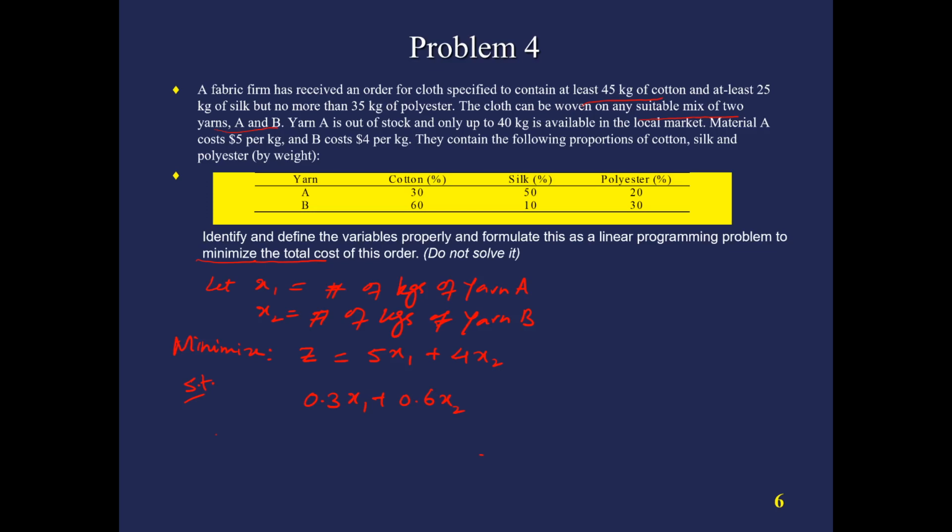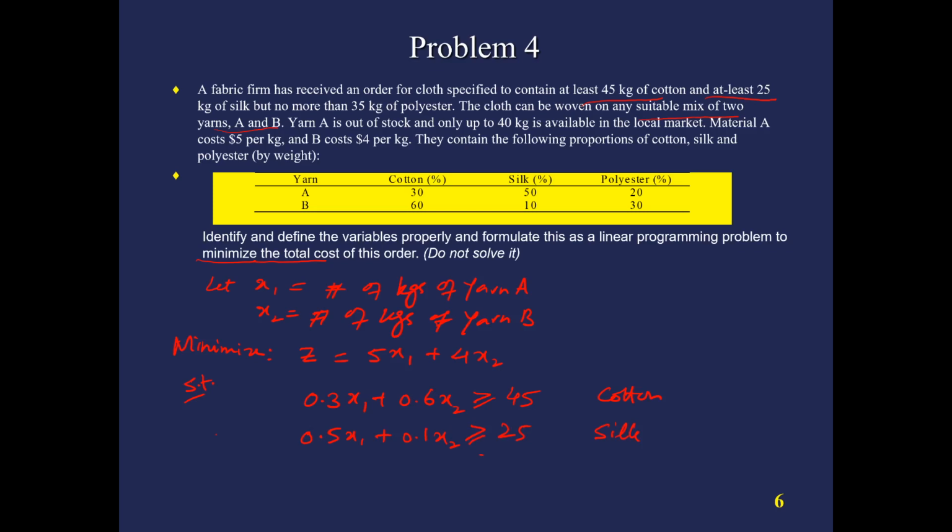At least is greater or equal to 45 kilograms. This is the cotton constraint. If you like, you can write down cotton here. Next is the silk constraint, it is 0.5 x1 plus 0.1 x2, and it says again at least 25 kilogram of silk, so it should be greater or equal to 25. This is the silk constraint.